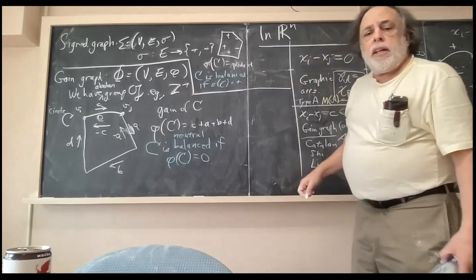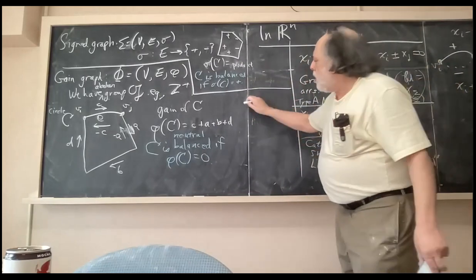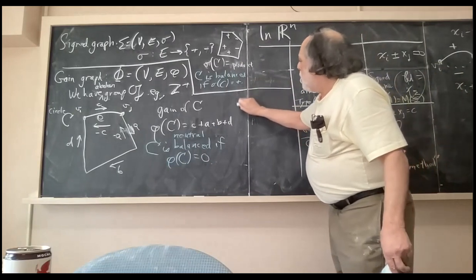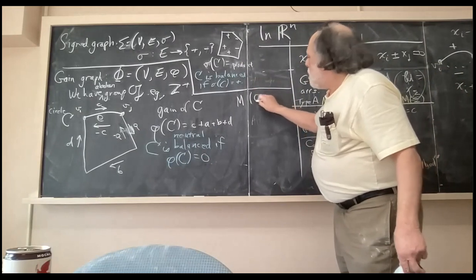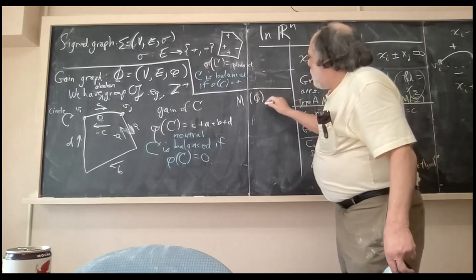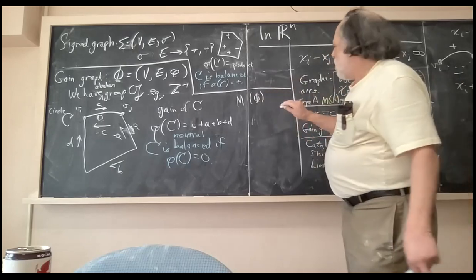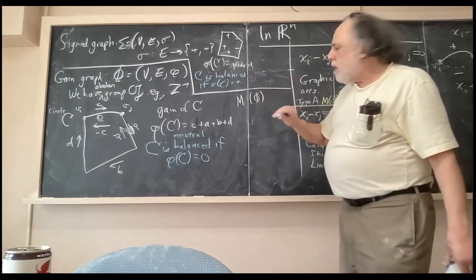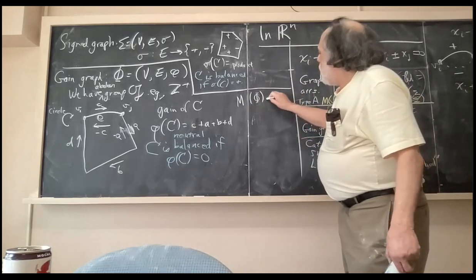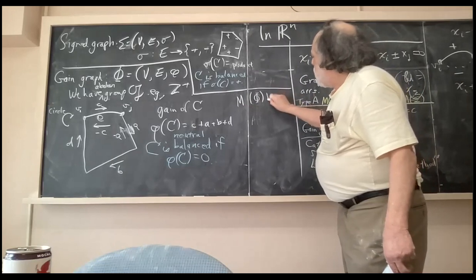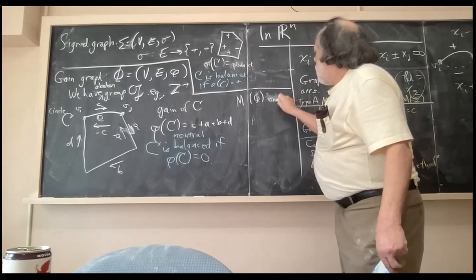The matroid has, let me start with the point set. The matroid M of this phi, I call it f because it's a certain, but this is not important. I'm going to explain why we're not quite using the whole matroid. The matroid has point set, let me say, on the edge set.